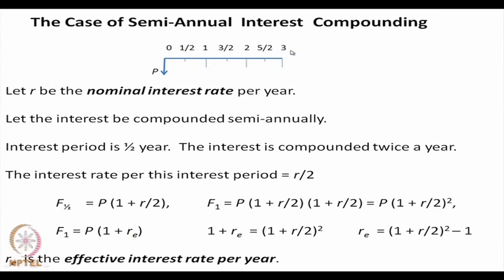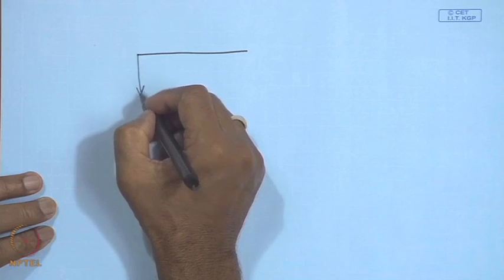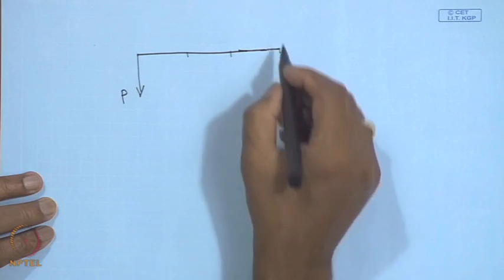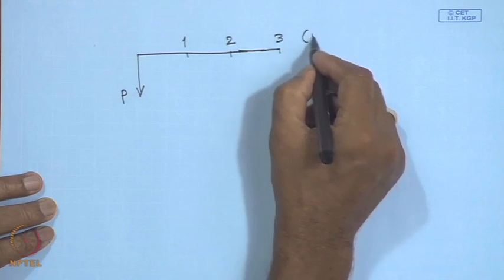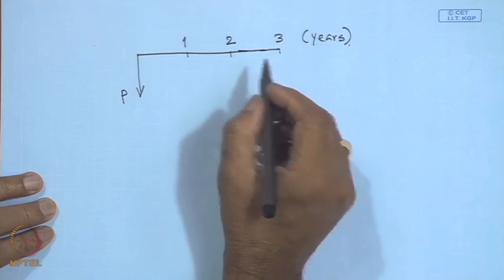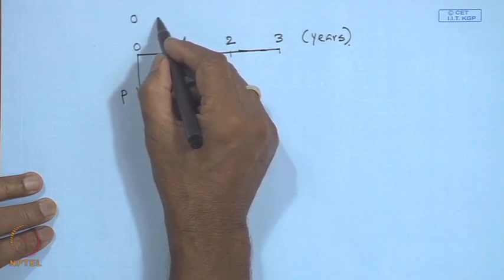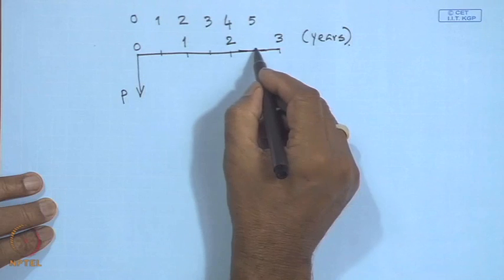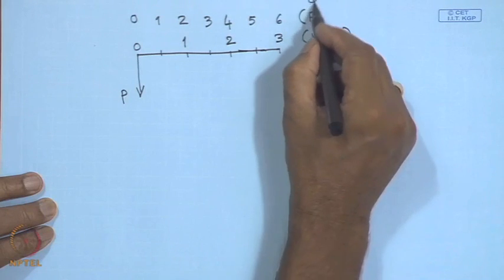What is written here is in terms of years, but if I write in terms of time period, then it will be 0, 1, 2, 3, 4, 5, 6, etc. In terms of years, this is 1, 2, 3, but in terms of periods, I would write this is 0, 1, 2, 3, 4, 5 and 6 interest periods.